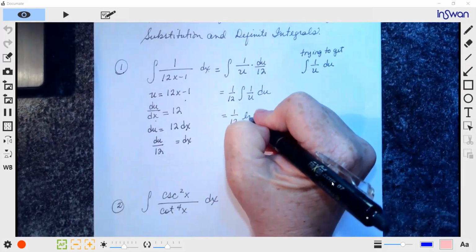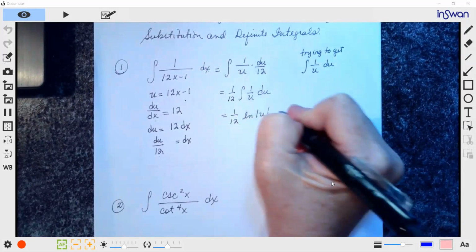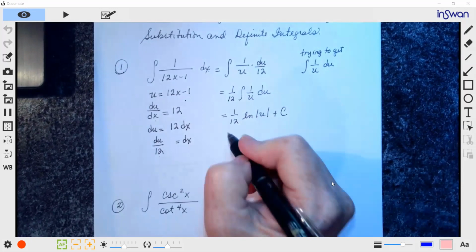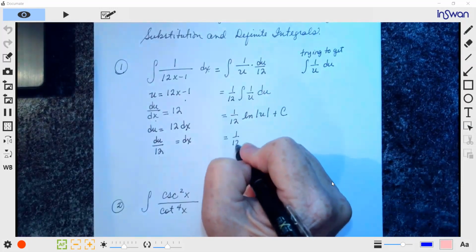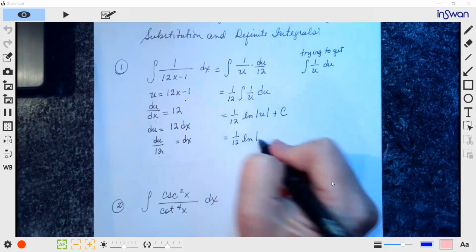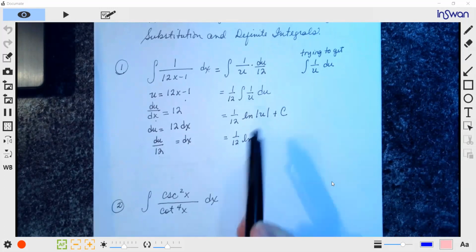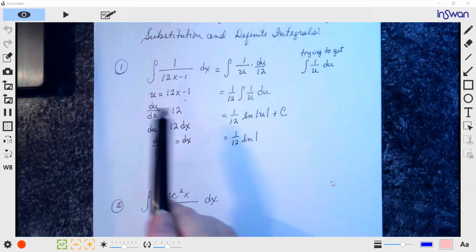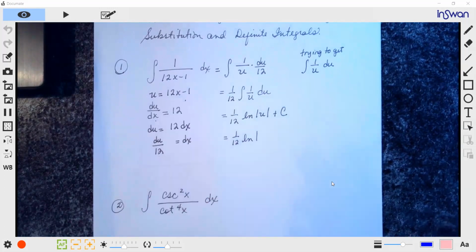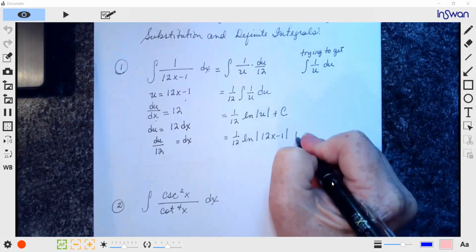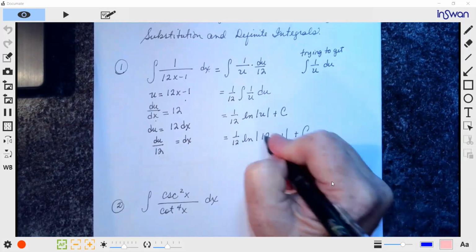So we have 1/12 the natural log of the absolute value of u plus c. Since this was an indefinite integral in terms of x, we want to leave our answer in terms of x. So where I have a u, I back substitute what u was in terms of x, and I would replace that with 12x minus 1, plus c.